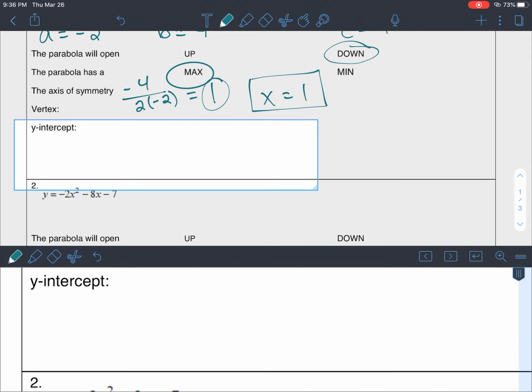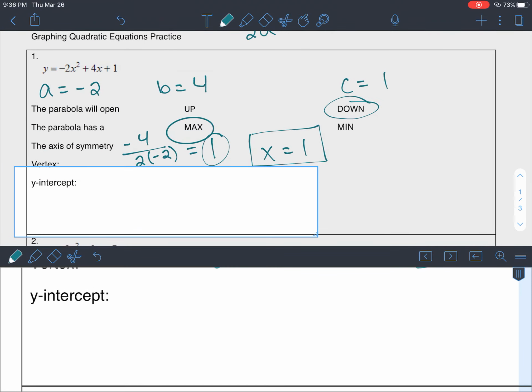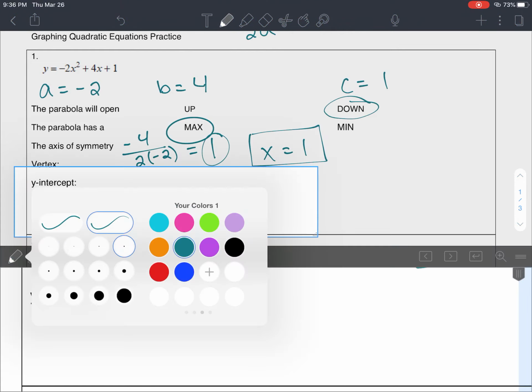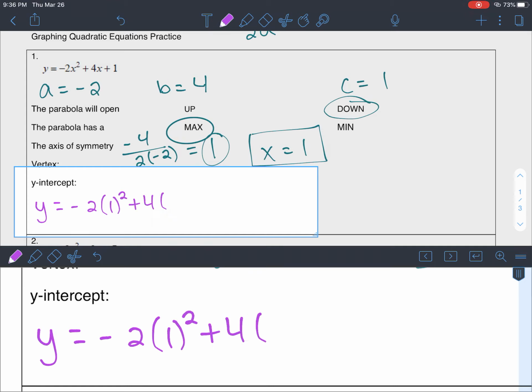To find the vertex, if you remember, we plug that back into our equation. So we plug our axis of symmetry back into the equation to figure out that vertex point. I'm going to change colors because this color is kind of dull. I'm going to do y equals -2 times 1 squared plus 4 times 1 plus 1.